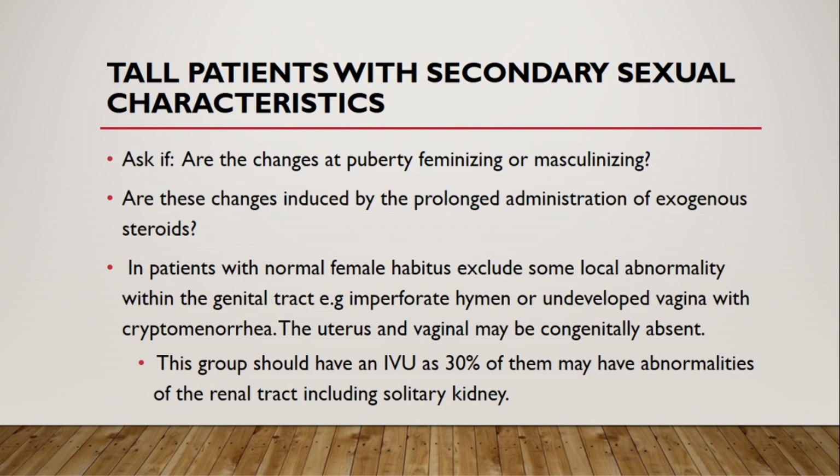So these are the patients we have described, the tall patients with persistent juvenile features. The category we are going to talk about now is tall patients with secondary sexual characteristics. You see them come, they have normal female habitus.